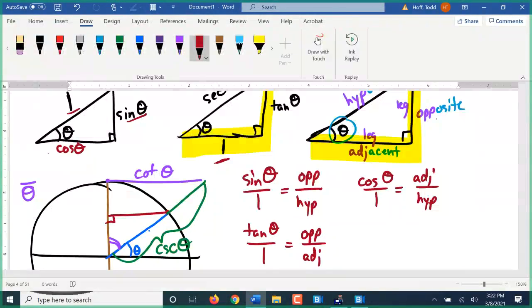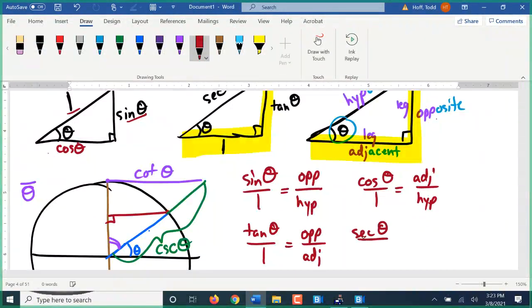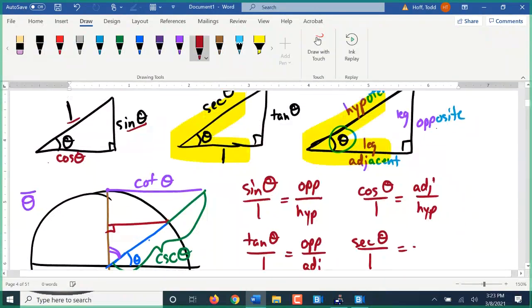Tangent of theta is opposite over adjacent. And while we're at it, let's do secant. Secant compared to 1? That would be these sides. The secant compares to which side of the big triangle? The hypotenuse. And of course, the 1 is still the adjacent side.